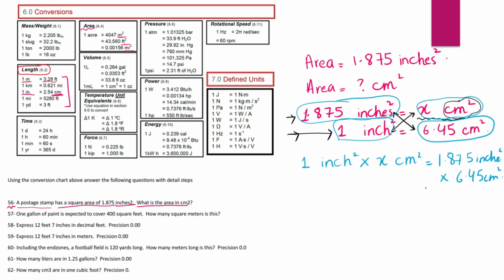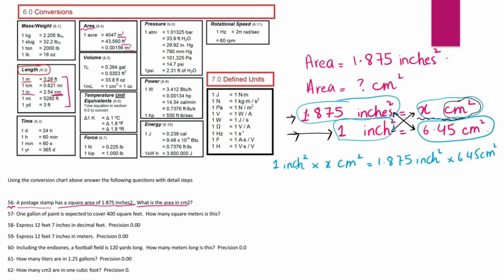So you can see here, let me just write it again. 1 inches square multiplied by x centimeter square is equals to 1.875 inches square multiplied by 6.45 centimeter square.